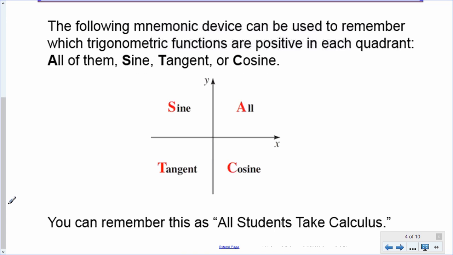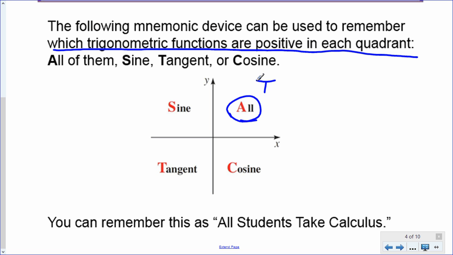Now, this is a mnemonic that can help you remember the signs. This represents which trig functions are positive in each quadrant. If you can just remember, all students take calculus, it'll help you remember the ASTC. This is telling you that all the trig functions are positive in quadrant 1.